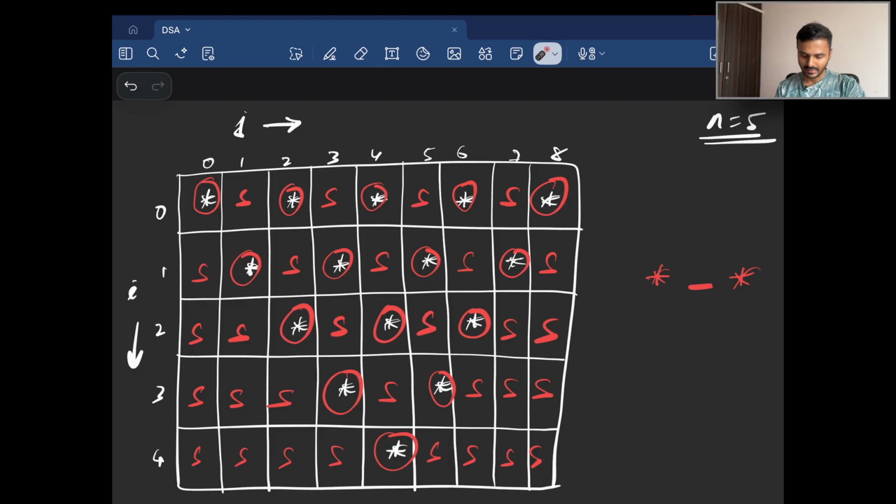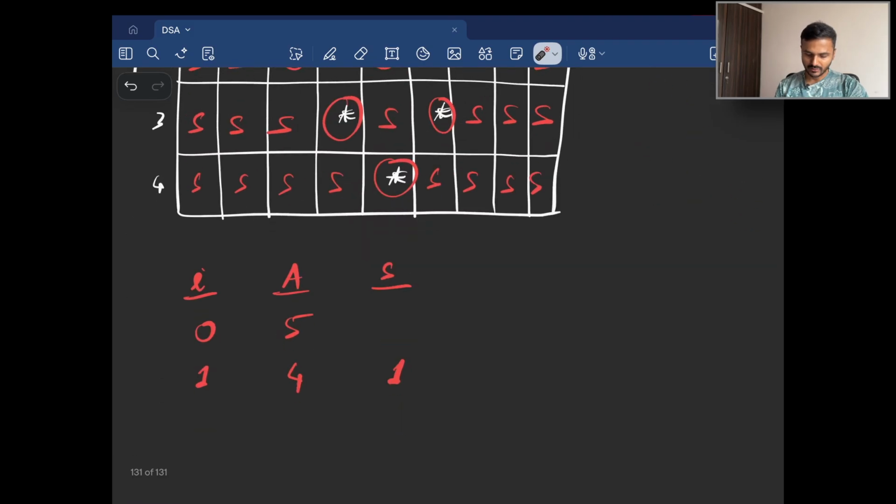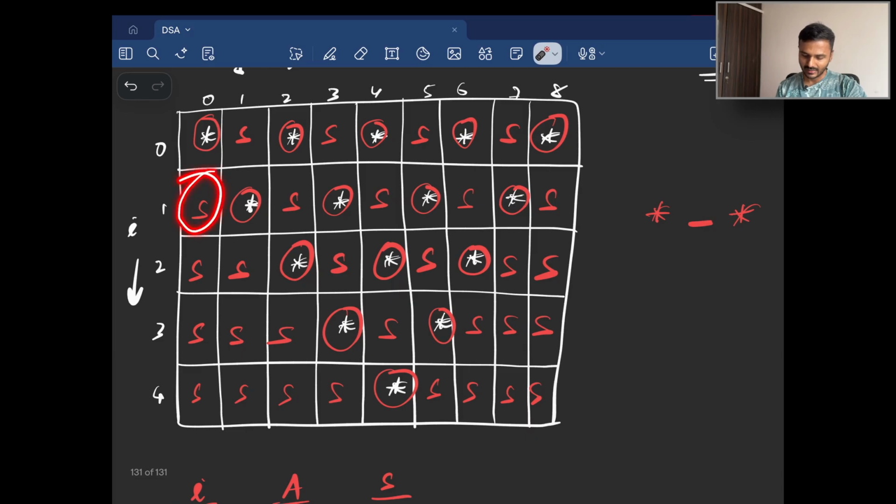What I'm talking about is the fact that we're printing 1 space first, and then we are starting to print asterisks, right? And each of these asterisks will be separated by a space. That is something that we have discussed already, and we're taking that as an assumption. That is, when we print a pair of asterisks, it will be separated by a space. So the conclusion is in the second row, that is when i is 1, we are first of all printing a space, and then we are printing 4 asterisks separated by spaces.